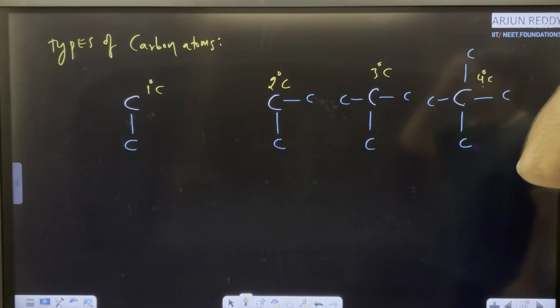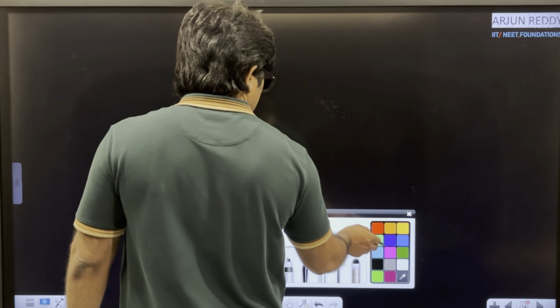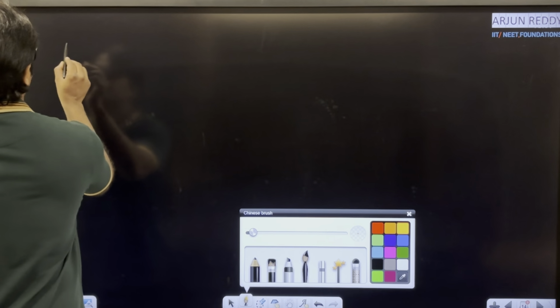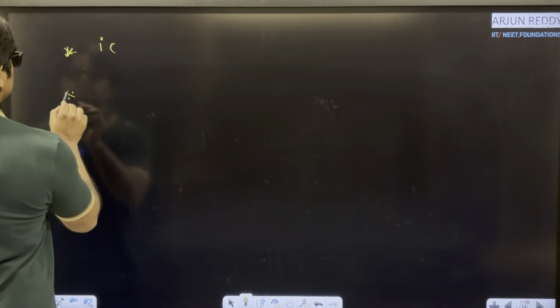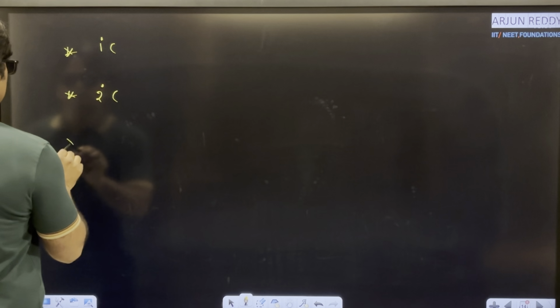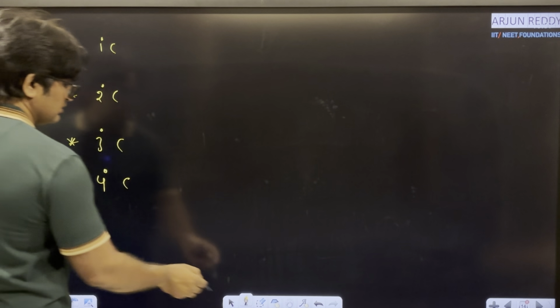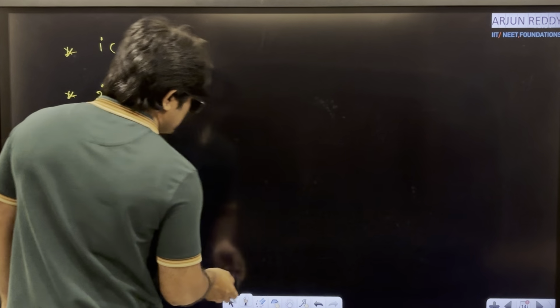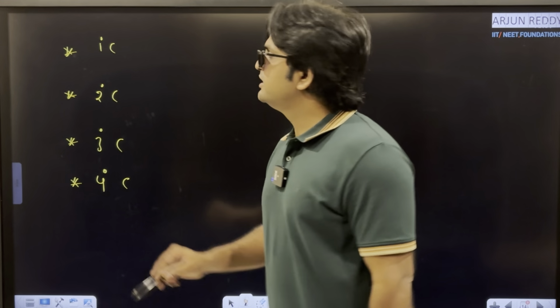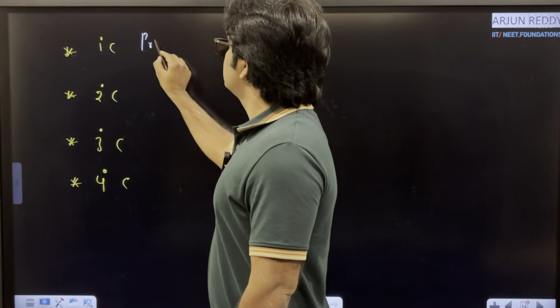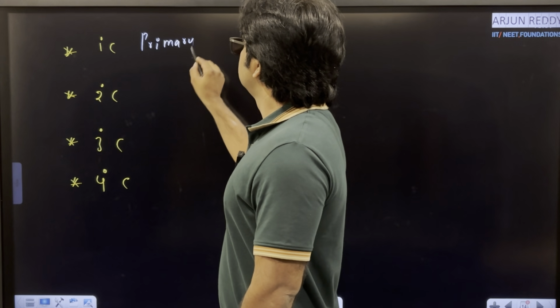Okay, right? Same thing. We can write the same points like this. First point, 1 degree carbon, 2 degree carbon, 3 degree carbon, next one 4 degree carbon. Some special names are also there. Whenever 1 degree carbon is given, that is also known as primary carbon.